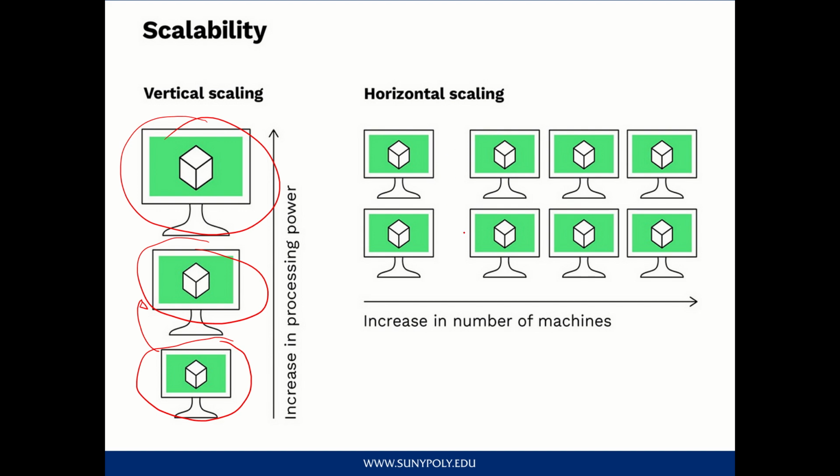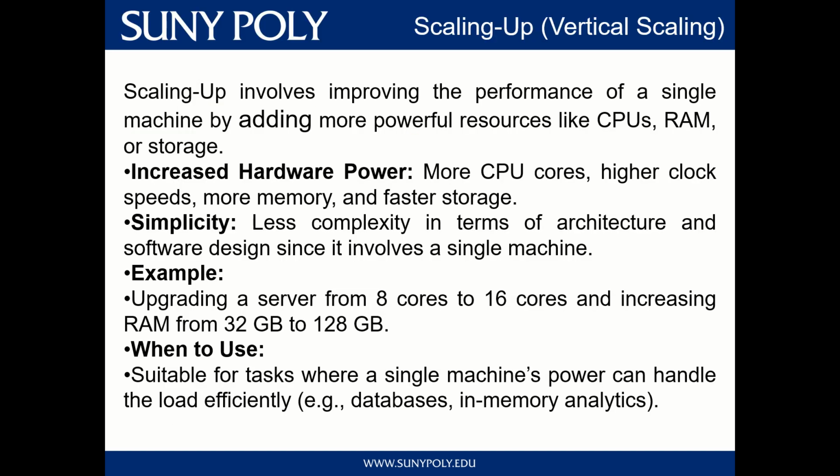In the case of horizontal scaling, it's when you add more machines. Originally maybe you have 1, but then you keep adding more, 2, 3, 4, 5, you keep adding resources. So that's the difference between scaling up and scaling out. One is vertical scaling and the other one is horizontal scaling.